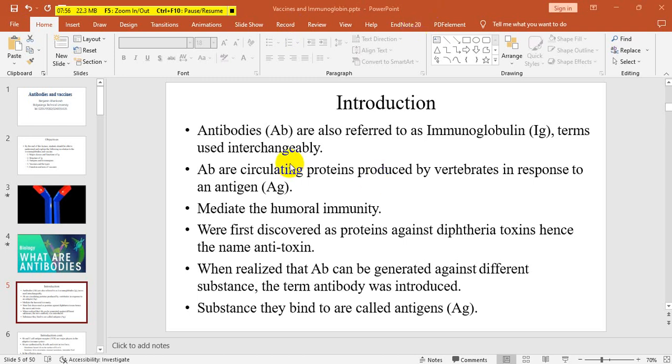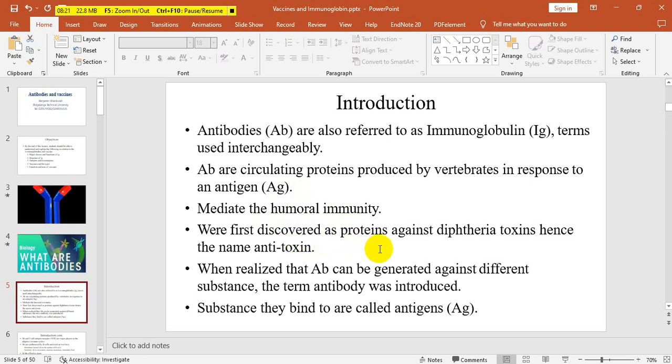Antibodies are also referred to as immunoglobulins, so we use antibodies and immunoglobulins interchangeably. Antibodies are circulating proteins produced by vertebrates in response to an antigen, like what you saw in the video. Antibodies mediate humoral immunity.